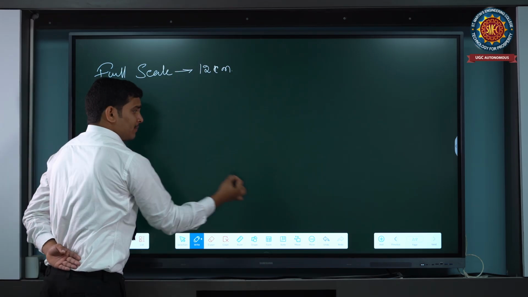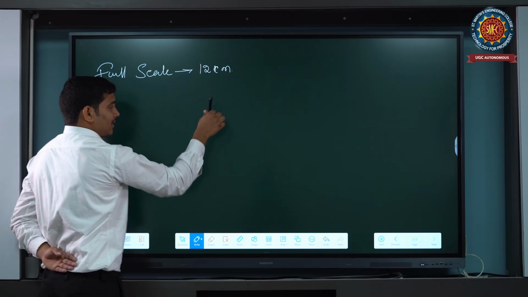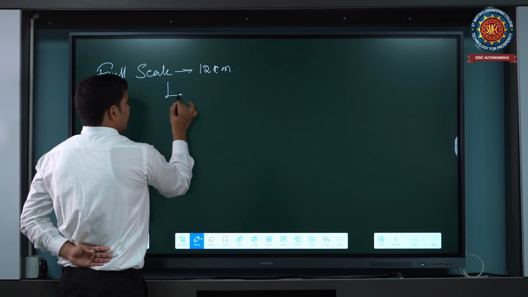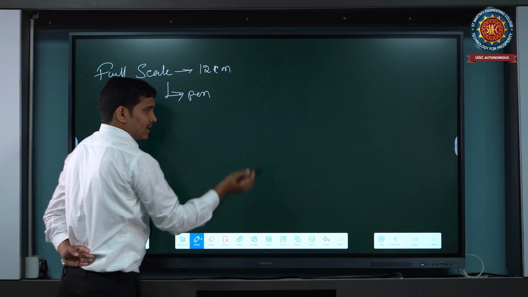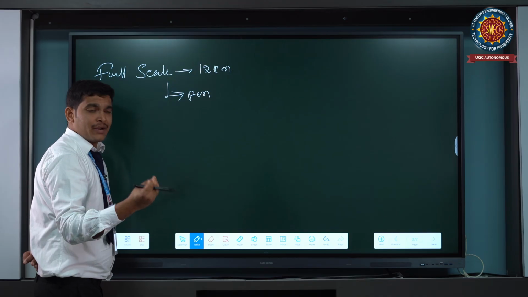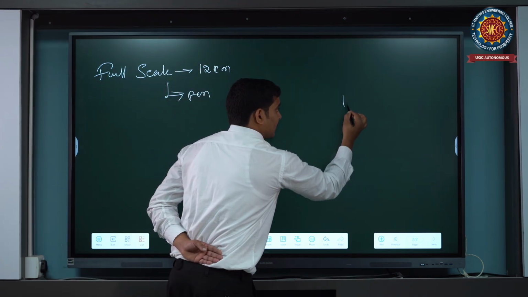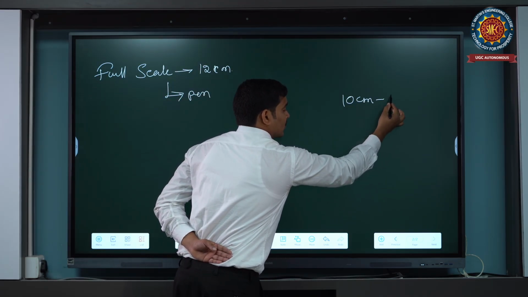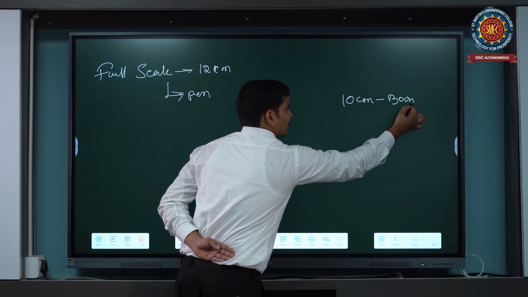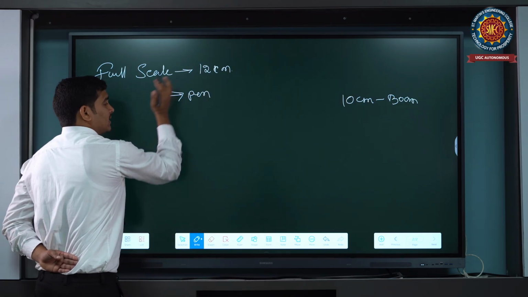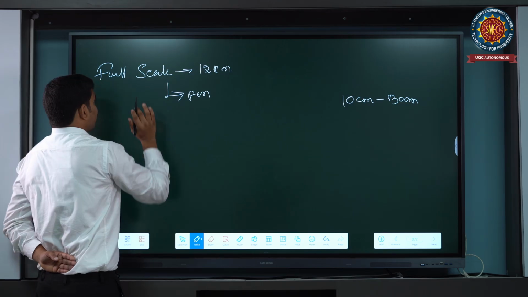For example, on a drawing sheet we can directly measure normal components like a pen, pencil, eraser, sharpener, whatever the dimensions between 10 centimeters and 30 centimeters. The dimensions are measured in the full scale process.